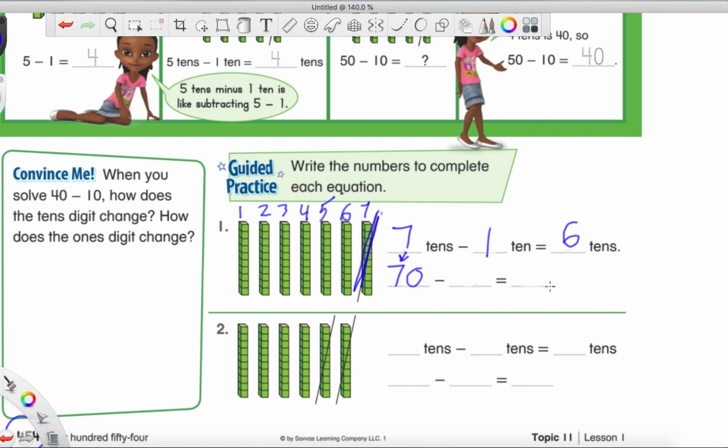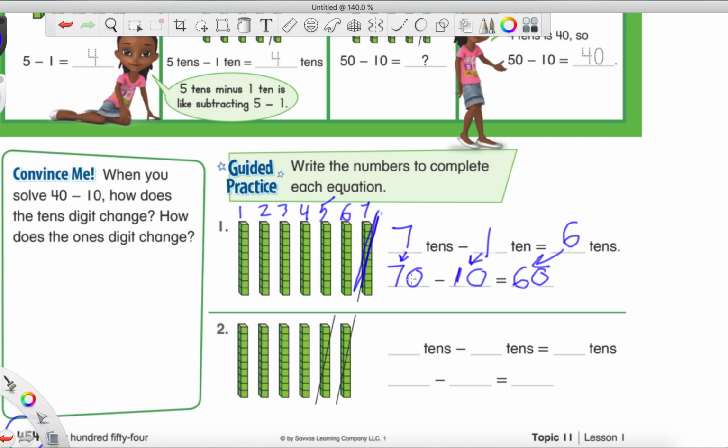Either way, it's fine. Okay, and same thing for the number 1. It's a 10, so it goes in the tens place. We don't have any ones, so we put a 0. So 1 ten is 10. And then the same thing for 6. 6 tens, so it goes in the tens place. And we do not have any ones, so we put a 0.